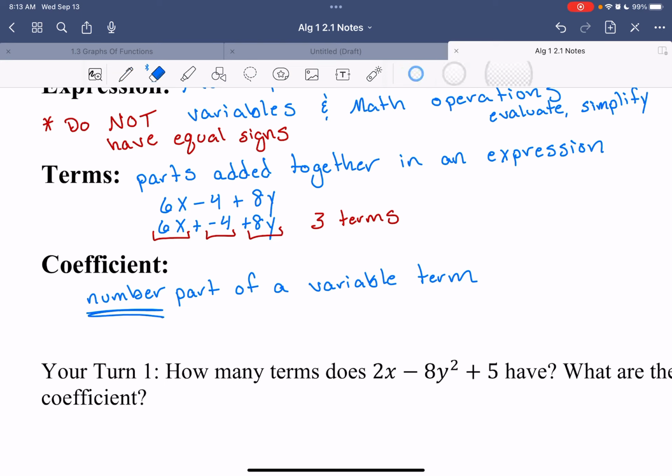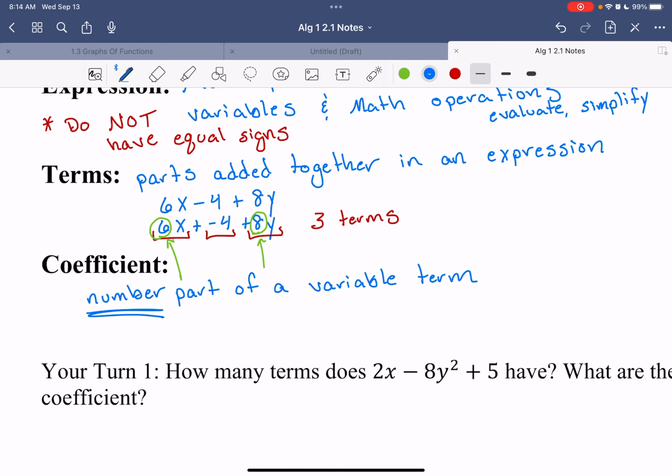Okay, so in this previous problem up here, the 6x minus 4y equals negative 8, this first term is a variable term. It's got an x in it. So the coefficient is just the 6. This 8y is a variable term, so the coefficient is just an 8.